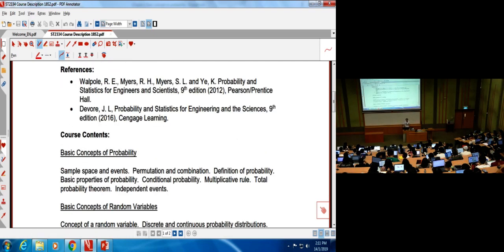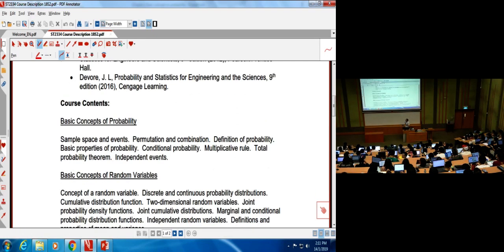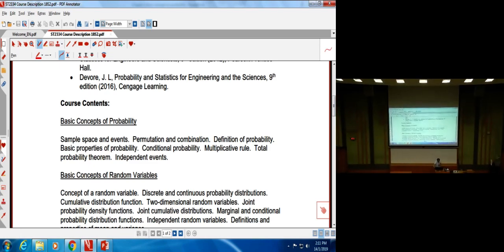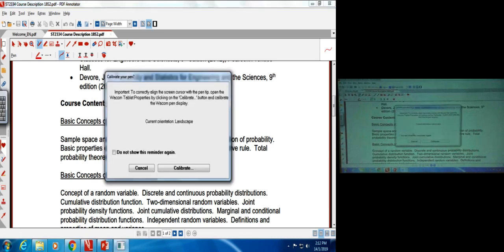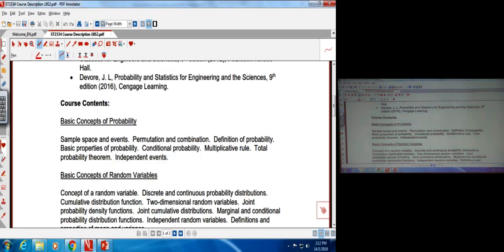So these are the topics that we will cover. The first part is on probability, the basic concept of probability. This is a hard part.